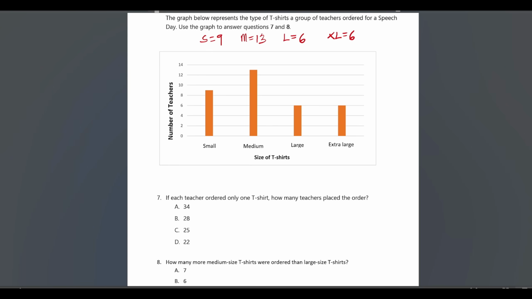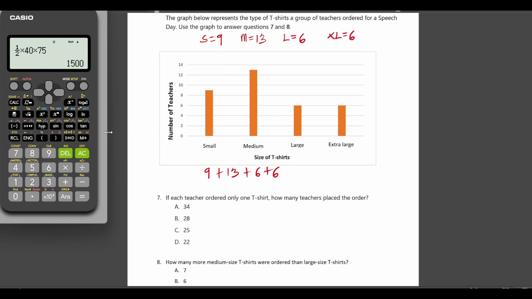But with question 7, we have to find how many teachers placed the order. Remember, we were told that each teacher ordered only one t-shirt. So if that's the case, then how many teachers placed the order? So the total number of teachers who placed the order will be 9 plus 13 plus 6 plus 6.